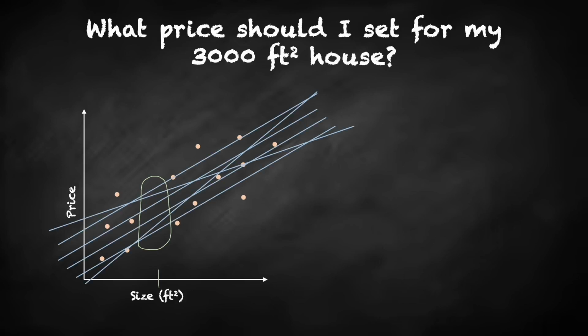In fact, there are an infinite number of lines that I could draw, and each line would give me a different estimate for the average price of my house. So how do I know which line is best and would give me the best possible estimate? Well, the best fitting line should be close to the center of the cloud of points, but I don't really have a way of measuring this.